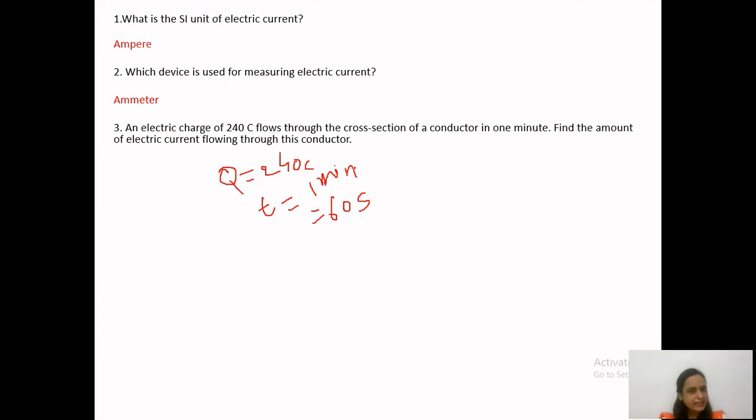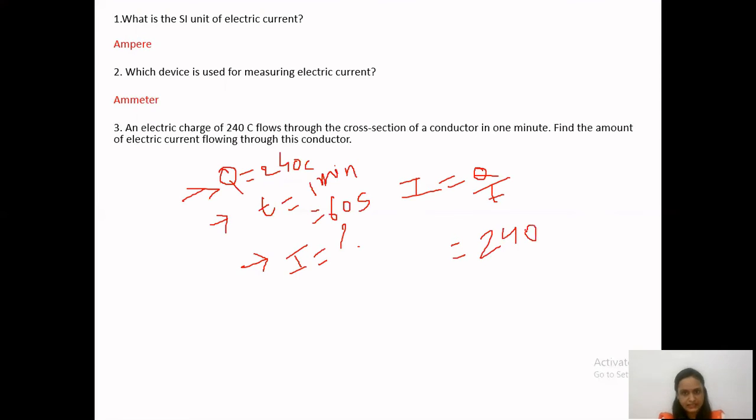Now find the amount of electric current. Here we have to find out the amount of electric current flowing through this conductor. Q is given, T is given, and I we have to find out. We know the formula for the current, I is equal to Q by T. Q is given, that is 240 coulomb, and the time is given as 60 seconds.